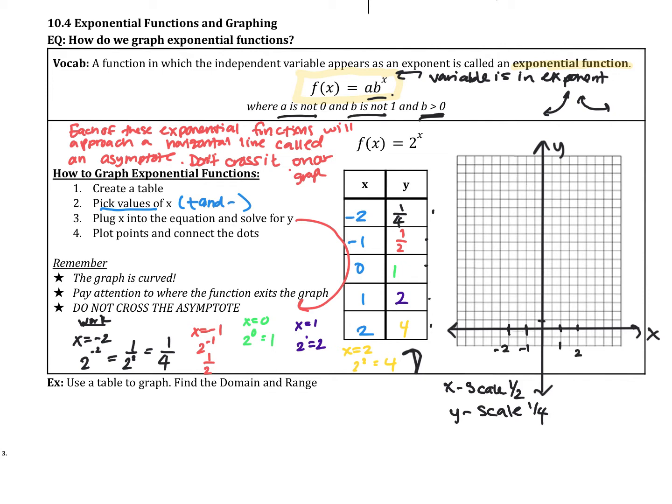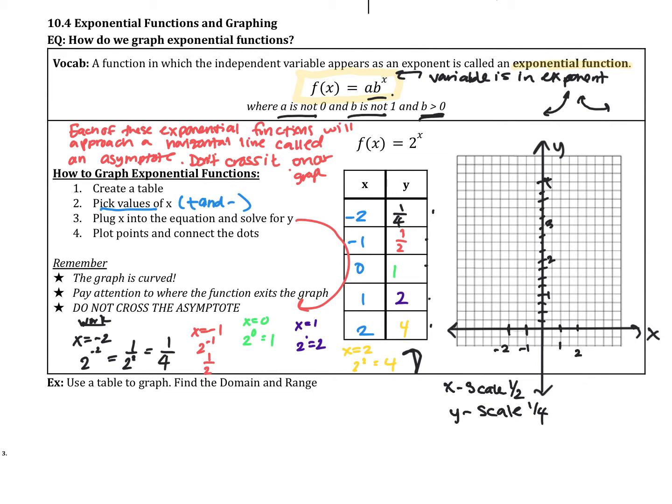So this is 1/4, 1/2, 3/4, 1. 1 1/4, 1 2/4, 1 3/4, 2. 1, 2, 3, 4, 3. 1, 2, 3, 4, 4. And I'm just going to number the integer values so that I'm not making a messy graph here. And I'm going to use the colors that I used in the table to graph the points so you can see each individual point.